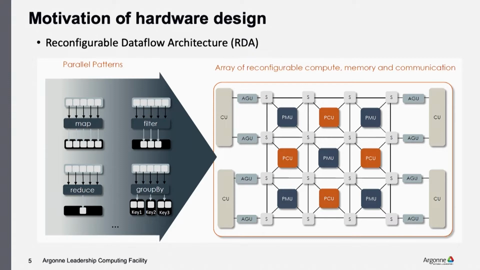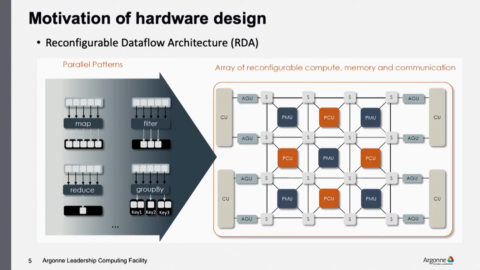They also have a grid architecture. If you want to run these parallel patterns on this hardware, it will be very efficient because it can be reconfigured to run the different parallel patterns on the real hardware.